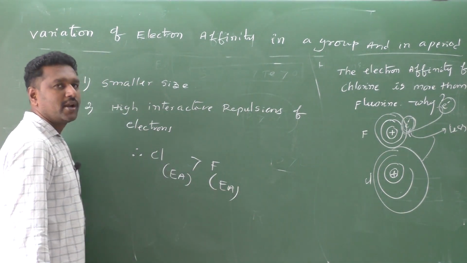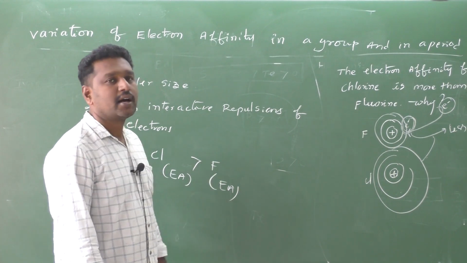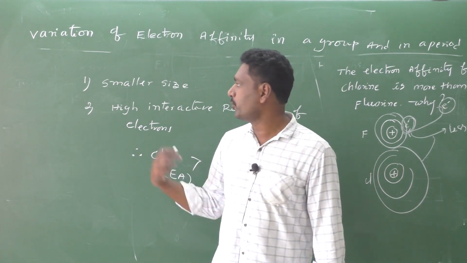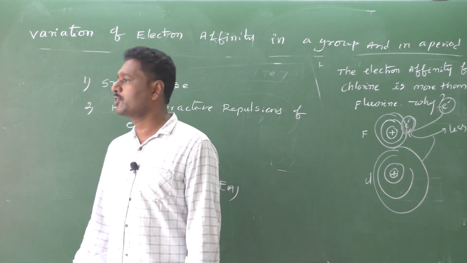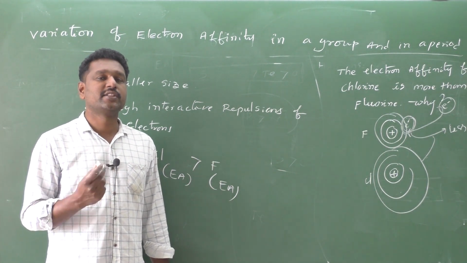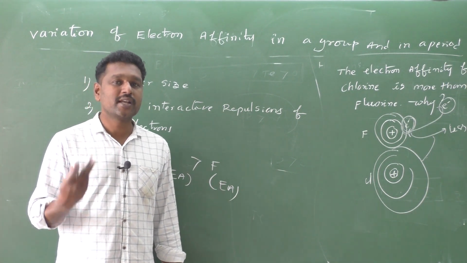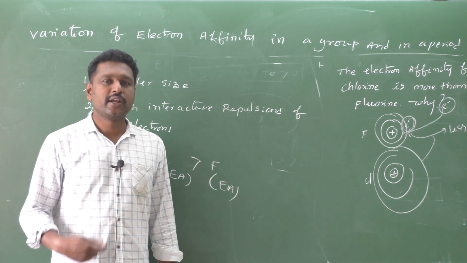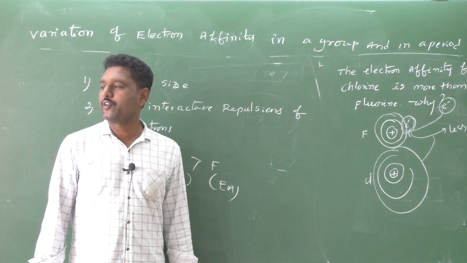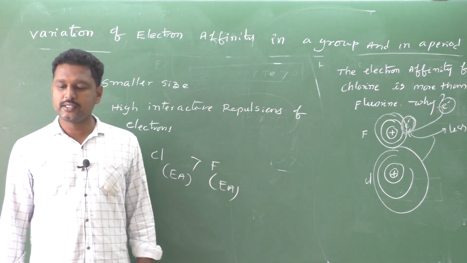The first element in the 4th A, 5th A, 6th A and 7th A groups has less electron affinity than the next element. For example, in 5th A group, nitrogen has less electron affinity than phosphorus. That is the reason.